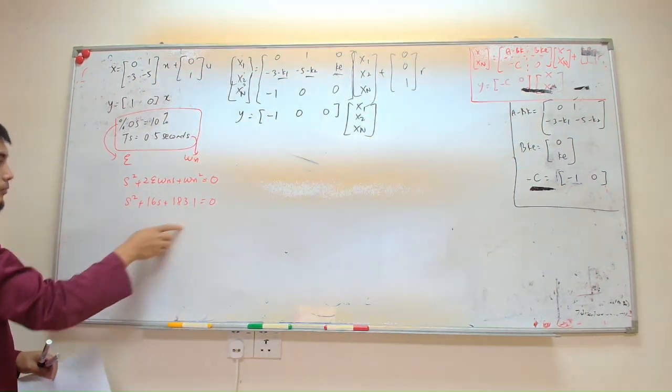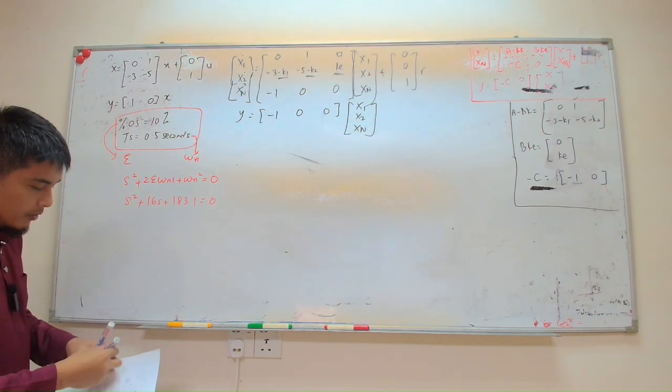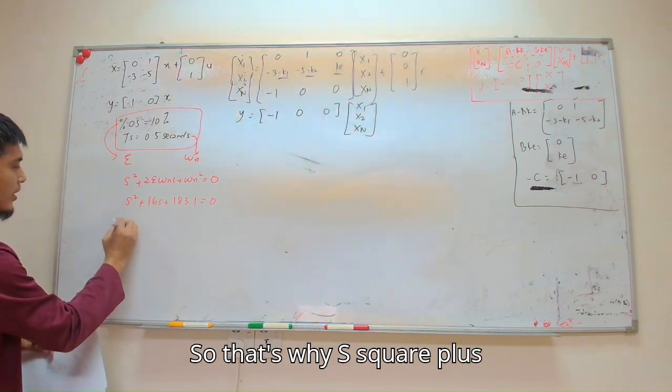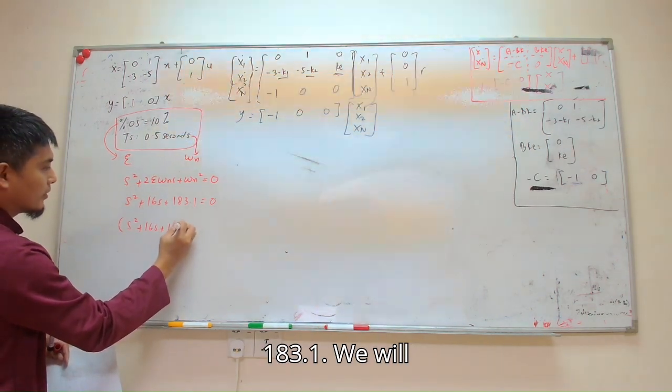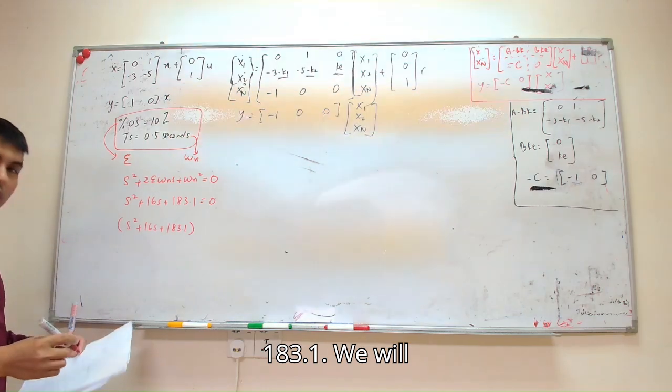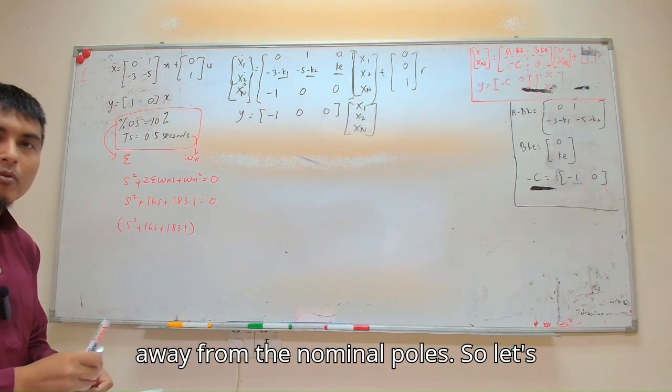So how do we make sure this can be compared to find the k value? We need to add another third pole. So that's why, with s squared plus 16s plus 183.1, we will add the third pole very far away from the dominant poles.